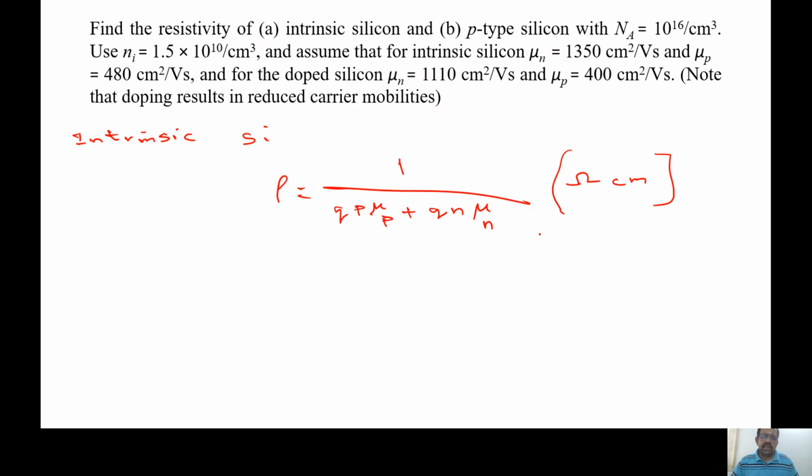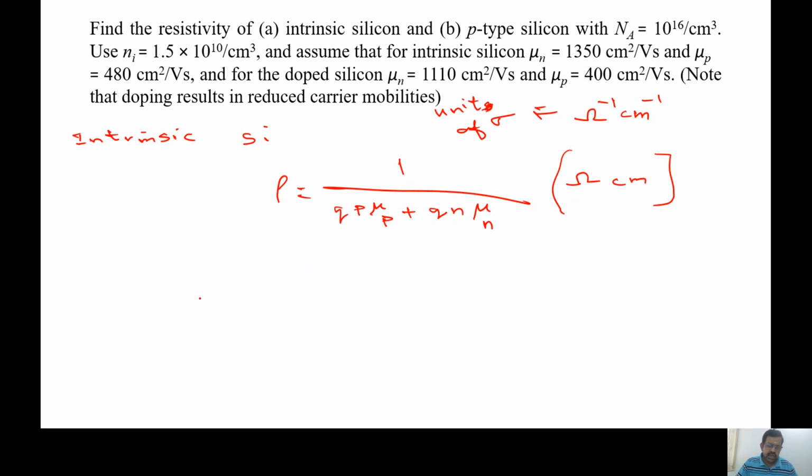The unit of electrical conductivity is normally Siemens per centimeter, or people also write it as ohm inverse centimeter inverse. This is the unit of sigma, and this is the unit of resistivity, ohm centimeter.